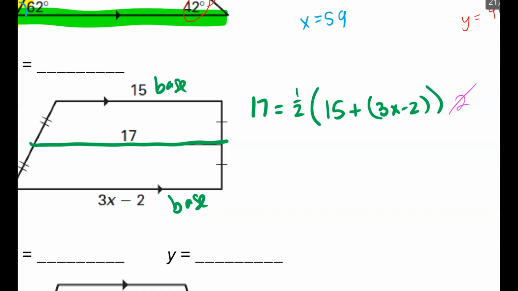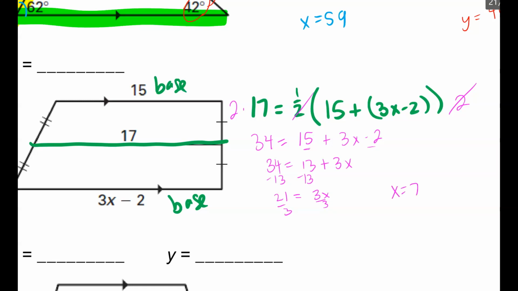When I multiply by 2, the half goes away. So I have 34 equals 15 plus 3x minus 2. Let's simplify a little bit. 15 minus 2 is 13. Subtract 13 from both sides, so we have 21 is equal to 3x. Divide by 3, and we get x is equal to 7.